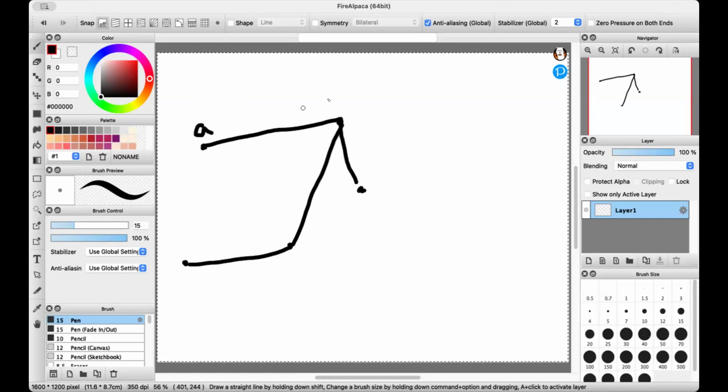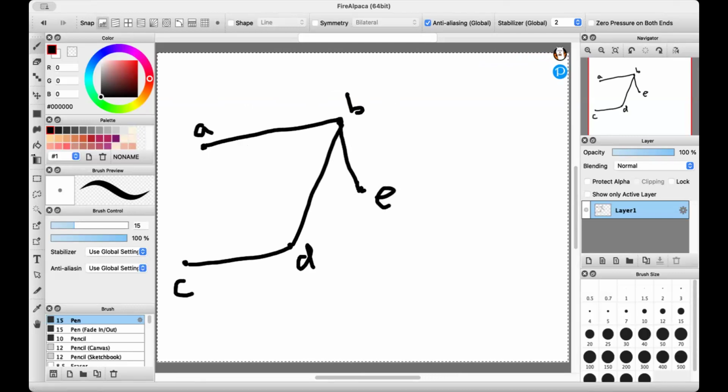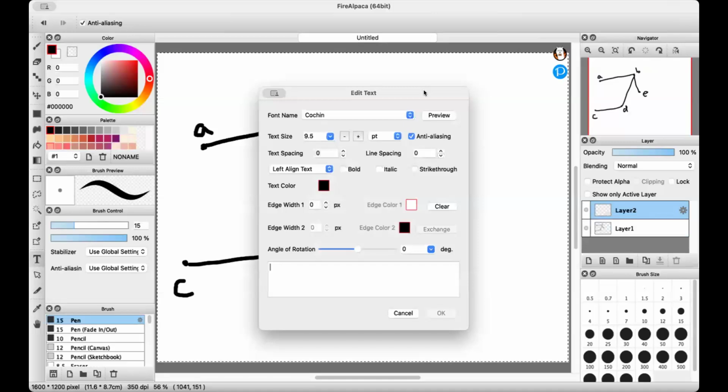So this is A, B, C, D, and E. In 10.2, it mentions that two vertices are considered adjacent if they're connected by an edge.